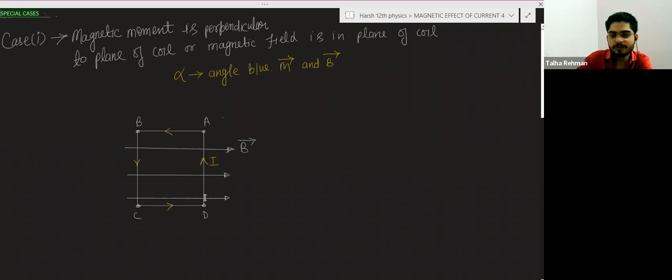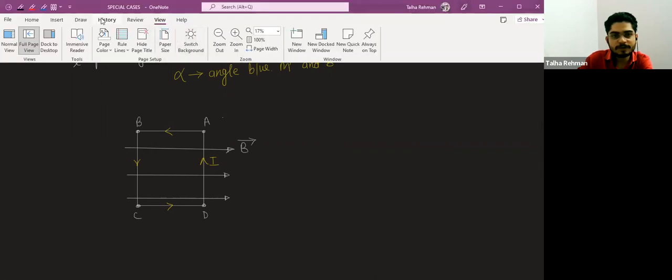Now, when you calculate the direction of the magnetic moment, the direction of the magnetic moment will be perpendicular to the plane of the coil. So the magnetic moment will be like this.